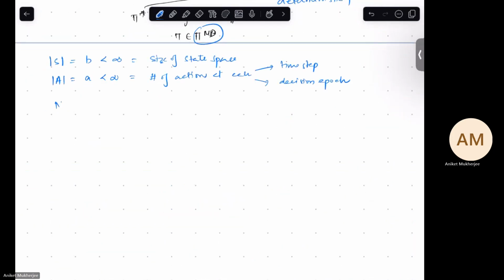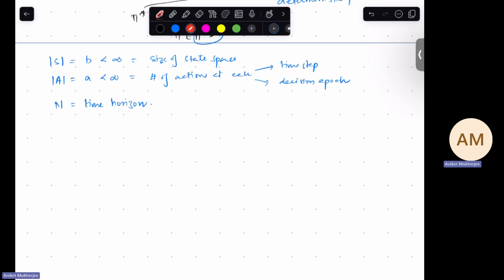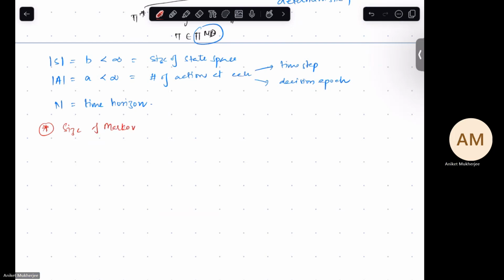N is your time horizon. Now the question we are interested in is: what is the size of the set of Markov deterministic policies, pi MD? How many policies are there?